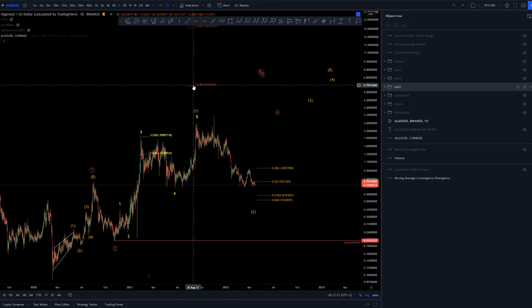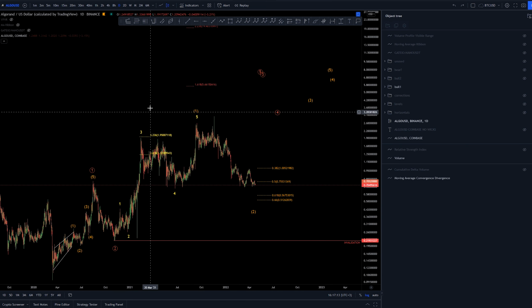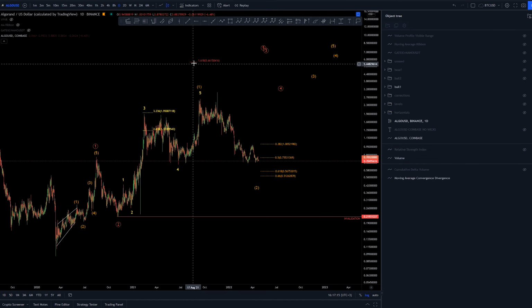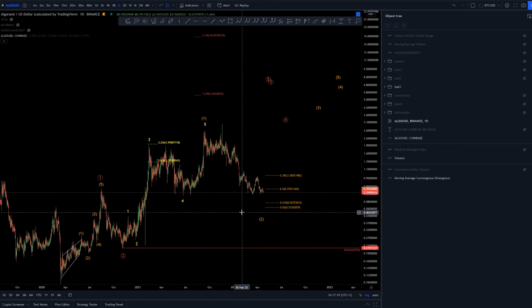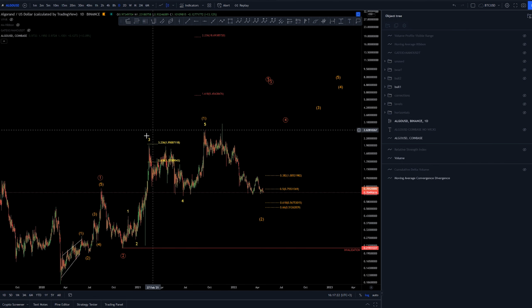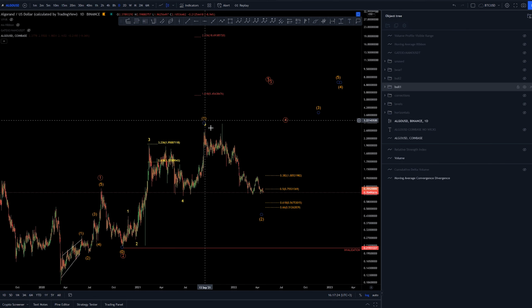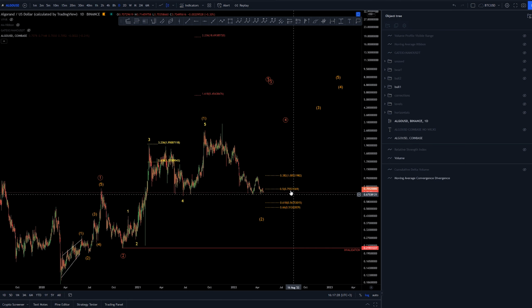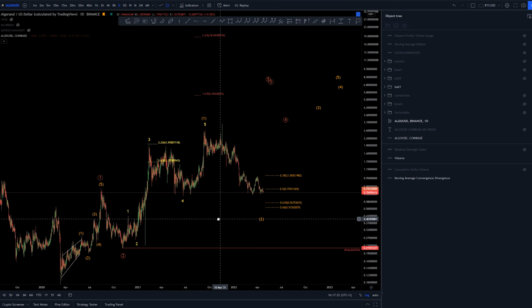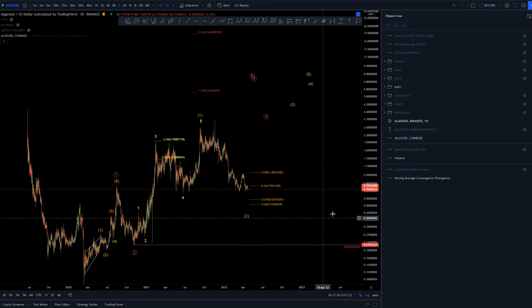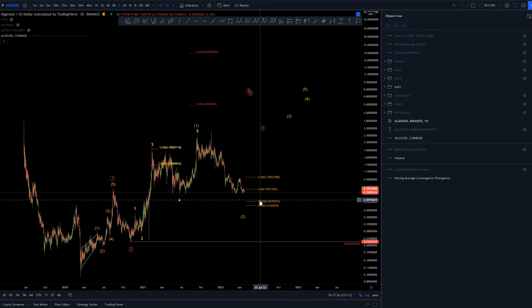And also we have not reached the 1.618 of this 1 to 2 move, which is a bit weird. So that's why I'm downgrading this to a wave 1 of intermediary into intermediary 2 with this current correction. At the moment we have already retraced more than 50% of that move, so we could be starting to look for some upside soon.